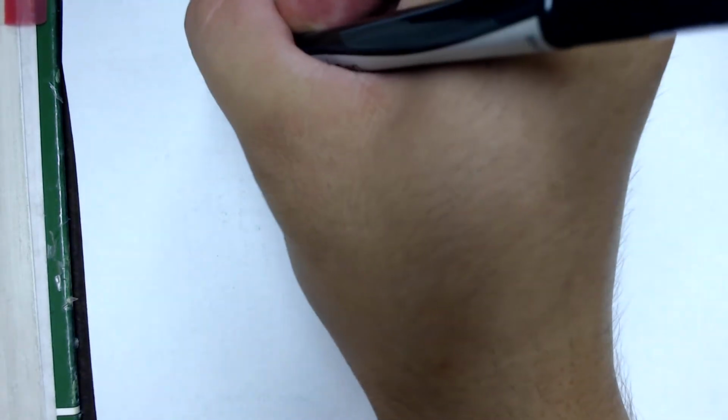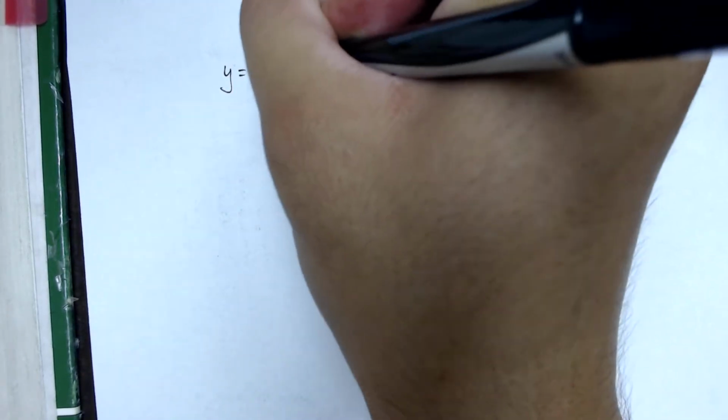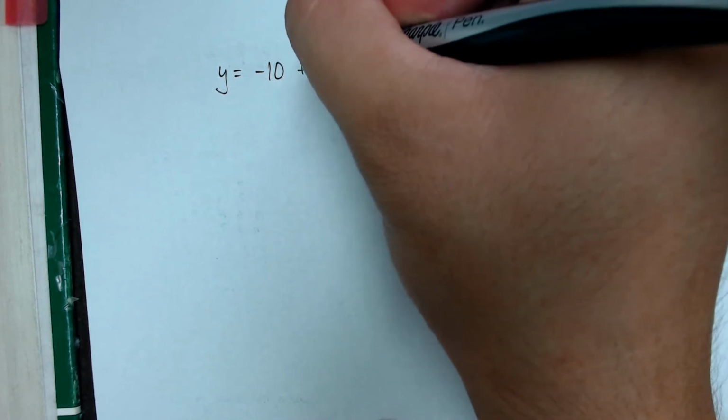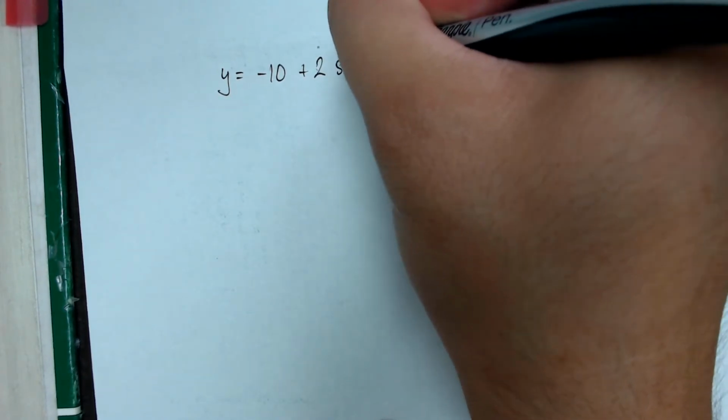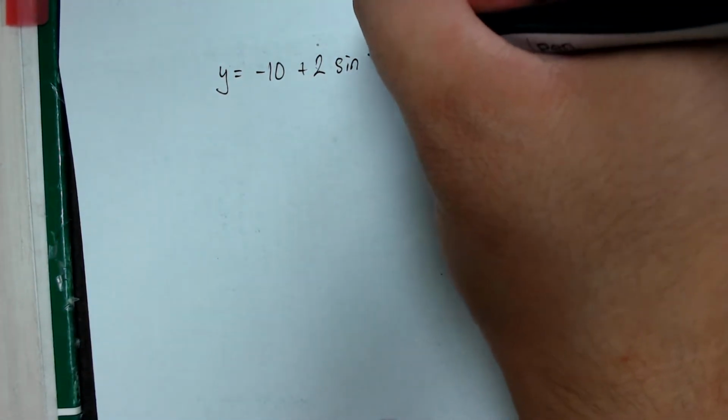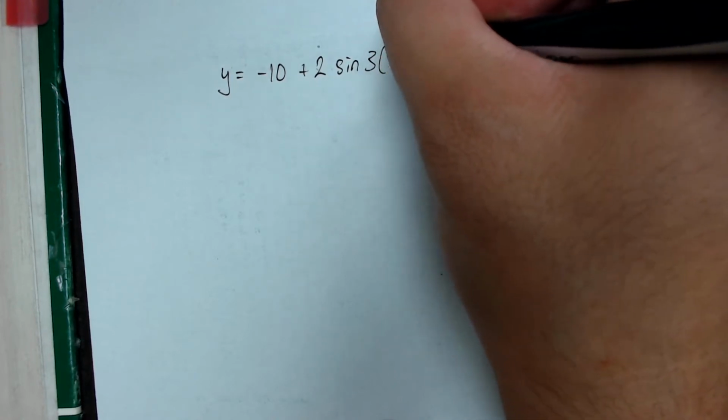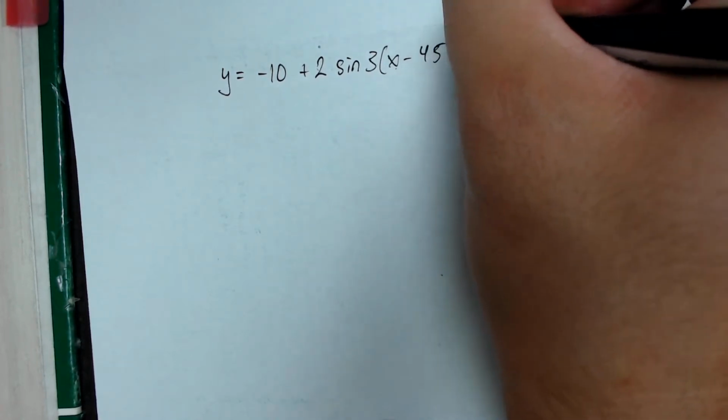graphs of sinusoids. So our sinusoid function is y is equal to negative 10 plus 2 sine of 3 times (x minus 45 degrees).